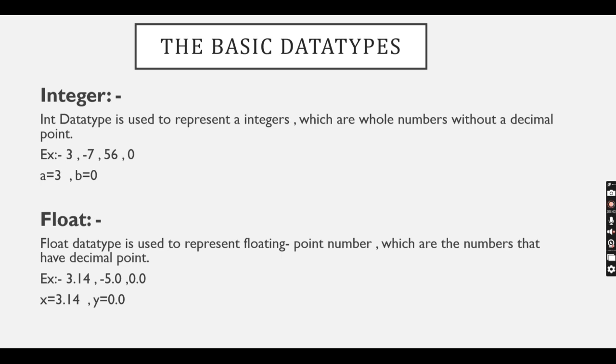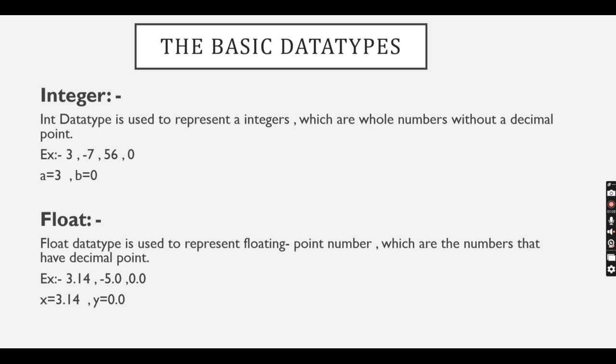In Python there is no need to define or declare the data type explicitly in the program. Like I have told you practically also, in Java and C++ we need to define the data type, like int a = 0, int b = 10, but in Python there is no need to do that.